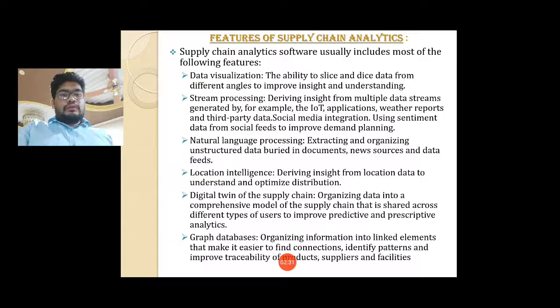Digital twins of the supply chain: organizing data into a comprehensive model of the supply chain that is shared across different types of users to improve productivity and prescriptive analytics. Graph database: organizing information into linked elements that make it easier to find connections, identify patterns and improve traceability of products, suppliers and facilities.